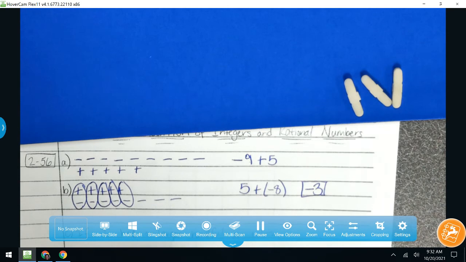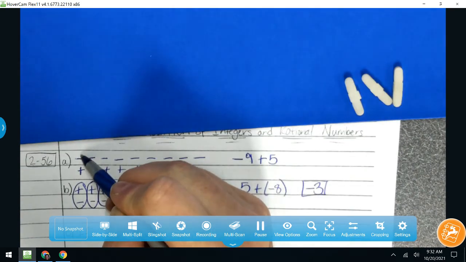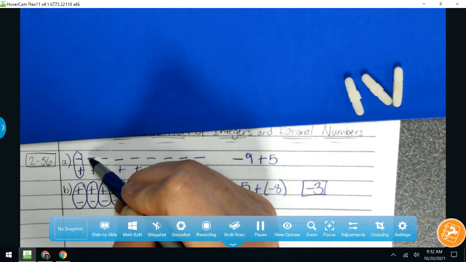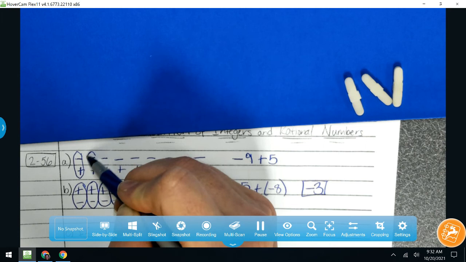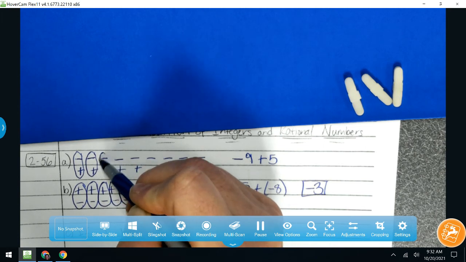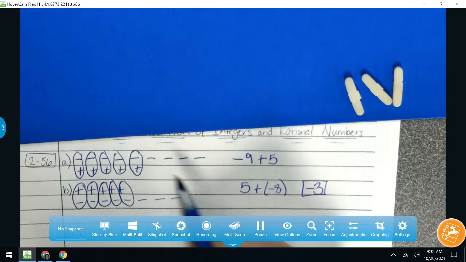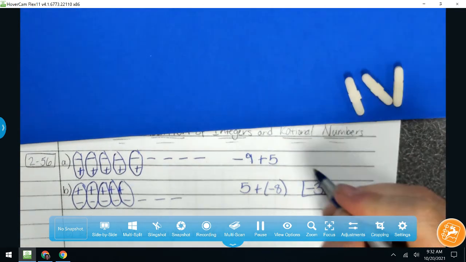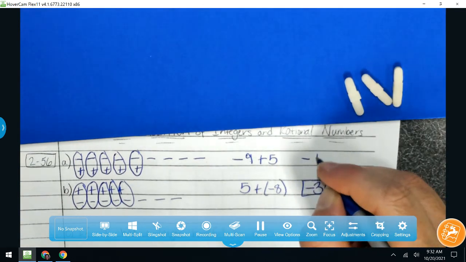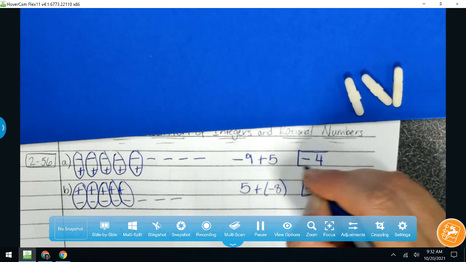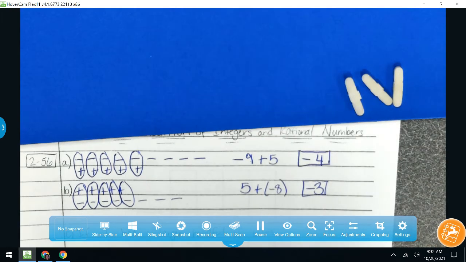I'm going to do the same thing with the one above, where I'm making my 0 pairs, because a negative 1 and a positive 1 is 0. And what I have left over is going to be the value of my expression. And so in this case, I have 4 tiles, but they are negative.